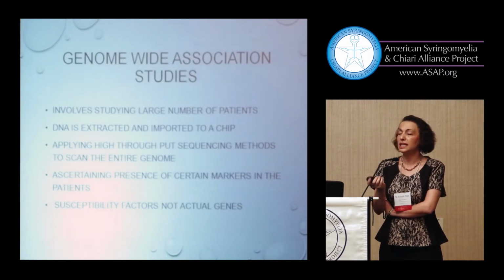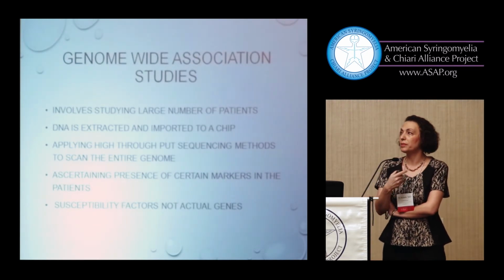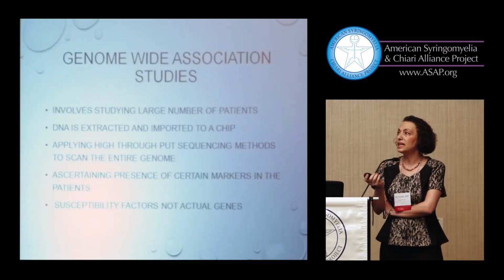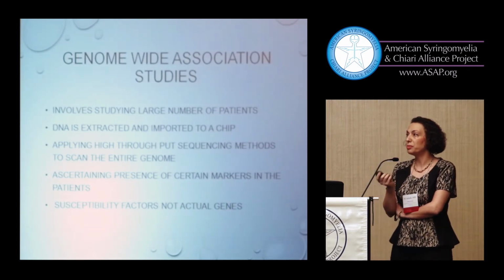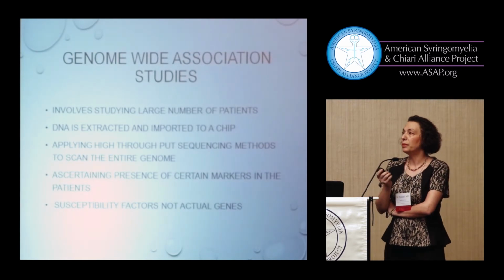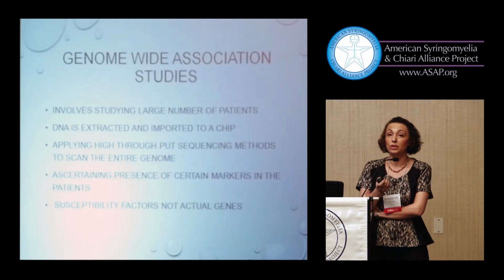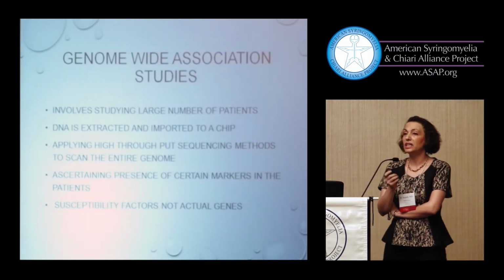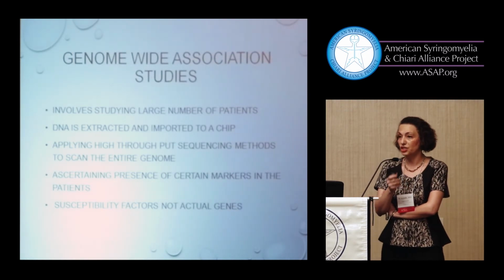You extract the DNA either from a blood sample or a swab from the mouth, and you basically extract that DNA and import it into a chip, and the computer systems, basically the high throughput sequencing methods, do the rest for you. Now again, you have to have an educated guess about which markers you have to check for.